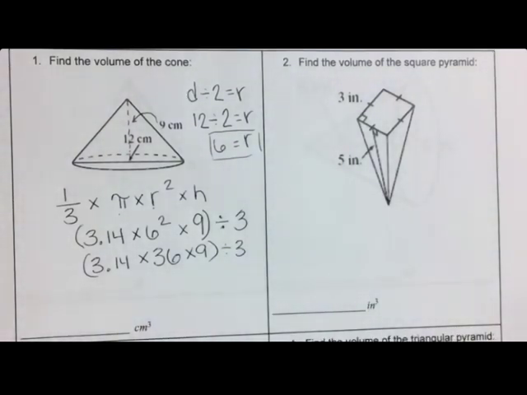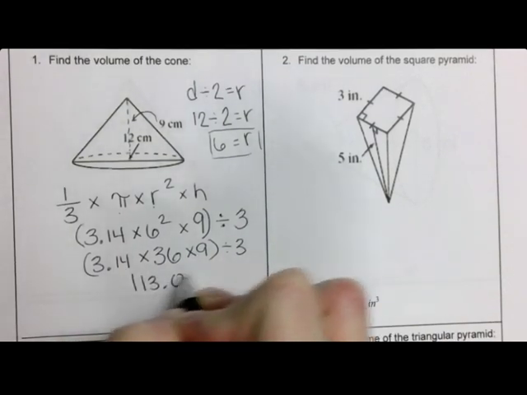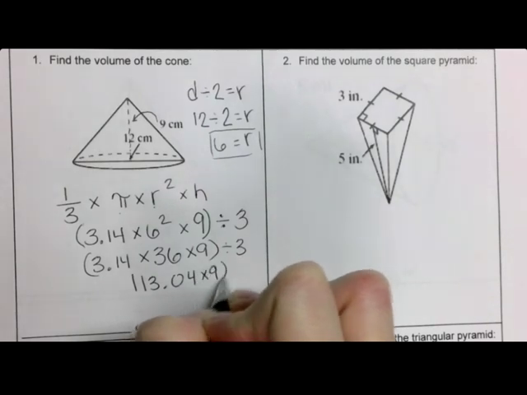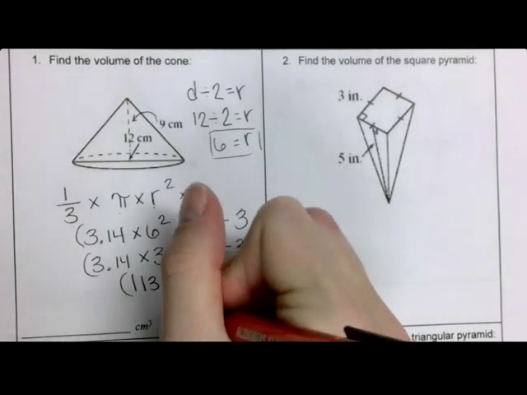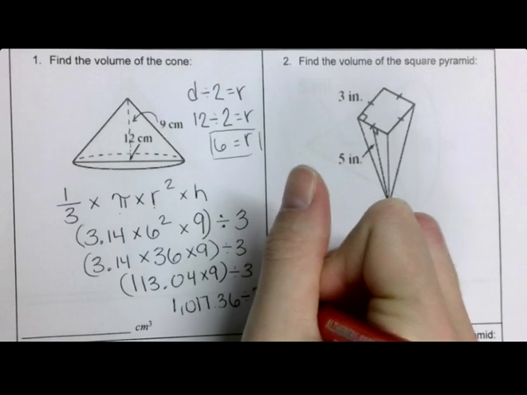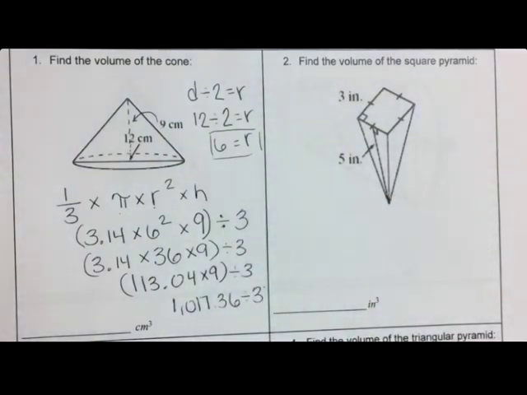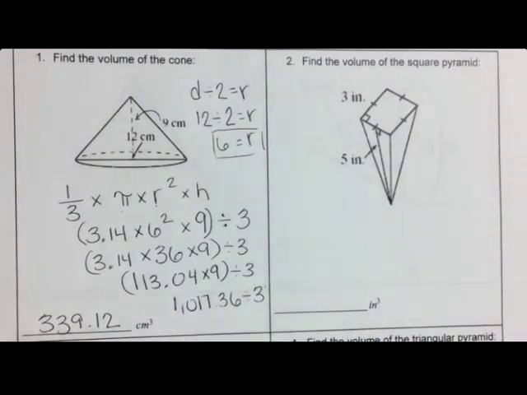So I'm going to take 3.14 and multiply it by 36 and get 113.04, times 9. Divide that whole thing by 3. I get 1,017.36, and I'm going to divide that by 3 and get 339.12 centimeters cubed.